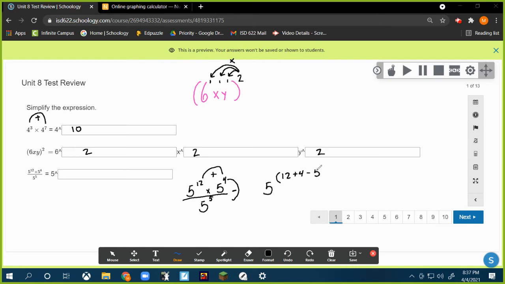So we're going to subtract 5. And we're going to just do that all in one step. 12 plus 4 is 16 minus 5. 16 minus 5 is 11. 5 to the 11th power. That's all it is. Product rule, power rule, product and quotient rule.